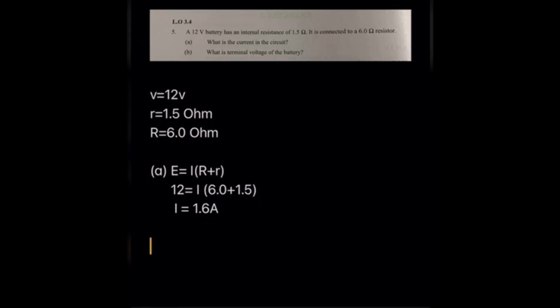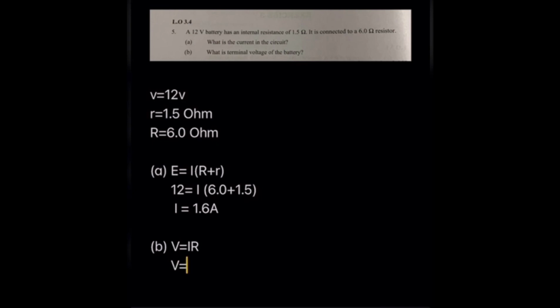The next question is, what is the terminal voltage of the battery? To find the terminal voltage, we can use the equation V equal to IR. We want to find the voltage.